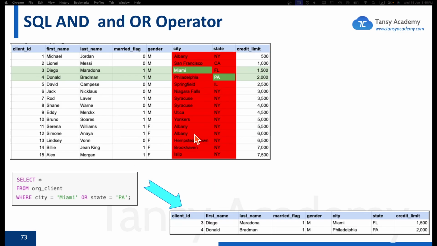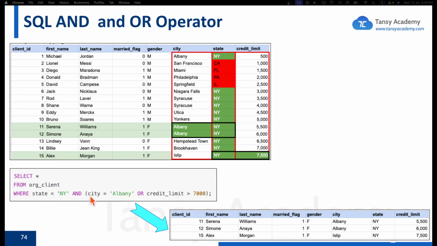This is OR, and this is where I was talking about having parentheses if you are going to use a combination of AND and OR in a single SELECT statement, right? You are clearly saying that irrespective of the other condition, I want everyone from the state of New York to begin with. So all the clients will be picked up from New York, and then show me the clients from Albany, or who have a credit limit greater than 7,000.